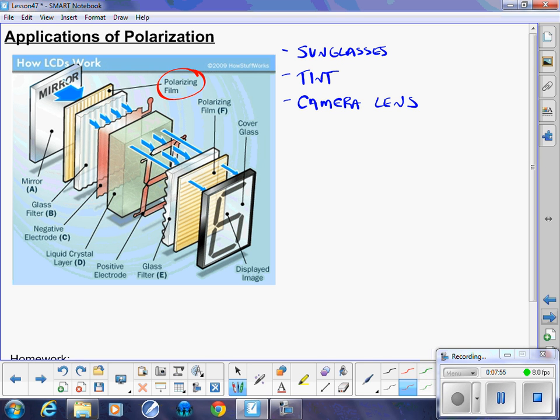There's one right here, and then there's one right here. So we have two polarizing films. What you'll notice when you take a close look at my picture here is that they are oriented perpendicular to each other. So if you look, this one is oriented vertically, this one's oriented horizontally.